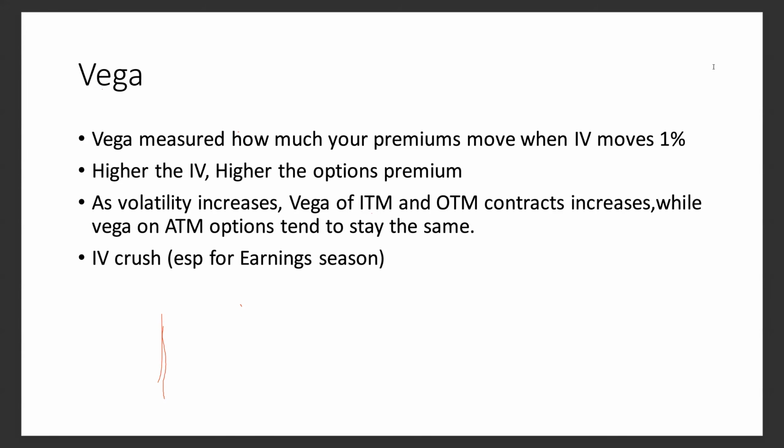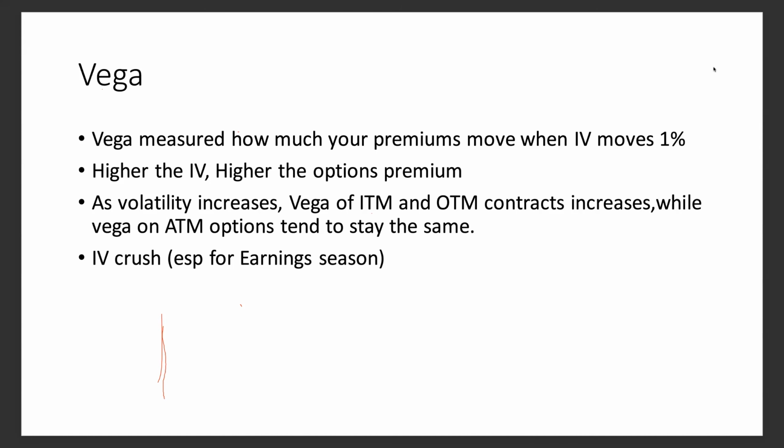So that's Vega, to put it simply. For every percent move in IV, how much your contracts are going to go up or down. As the volatility goes higher, the Vega of in the money and out of the money contracts increases, while at the money options, the Vega stays the same. Let's say you have a SPY 485 call, which is like $3 out of the money.